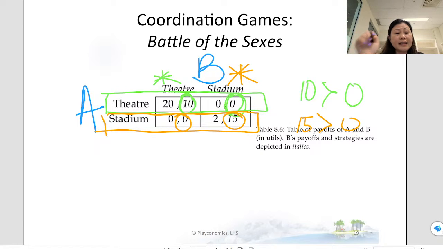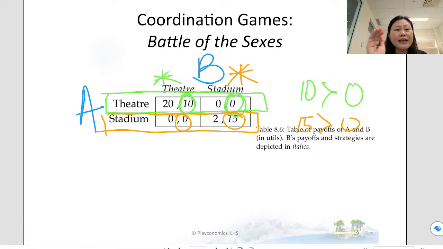Here you can see that there's no dominant strategy because there is no strategy that's always optimal for a player irrespective of what the other person does. Now, it makes sense because the objective here is to coordinate.